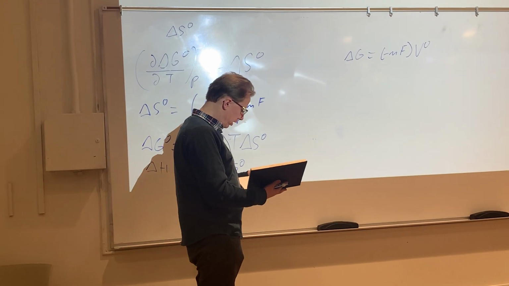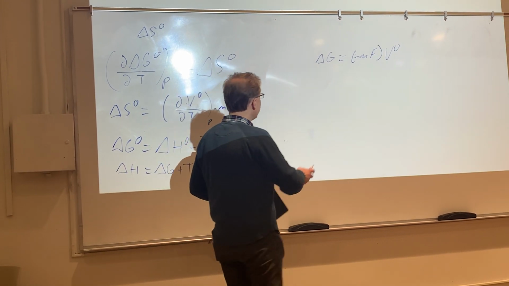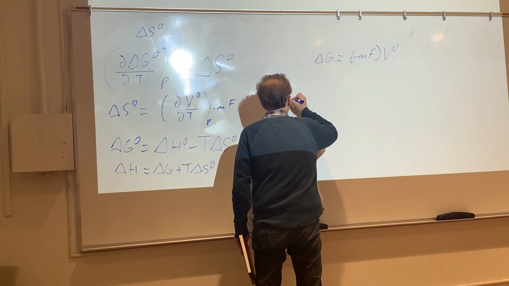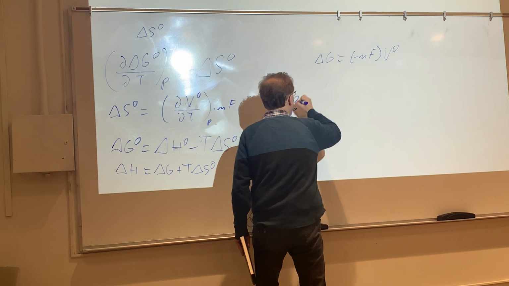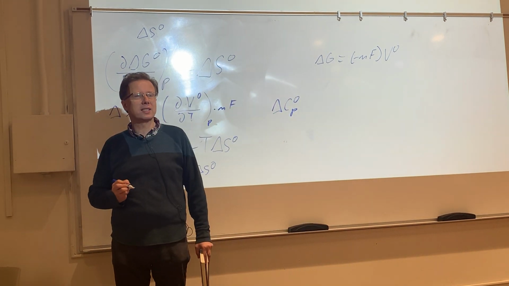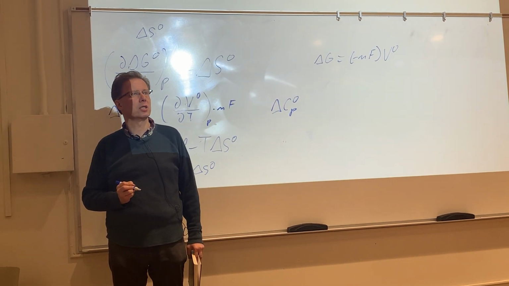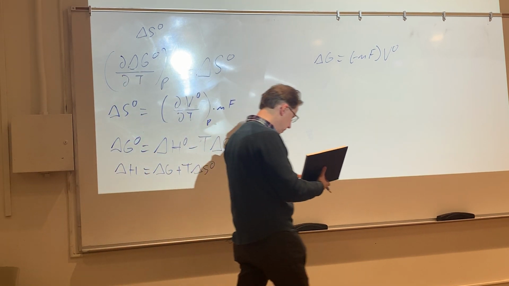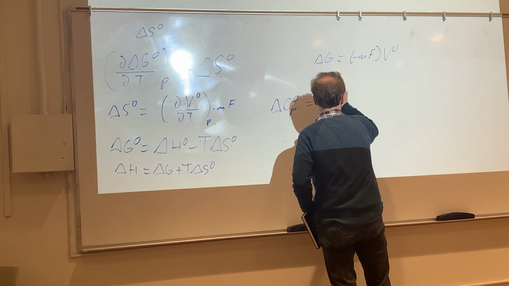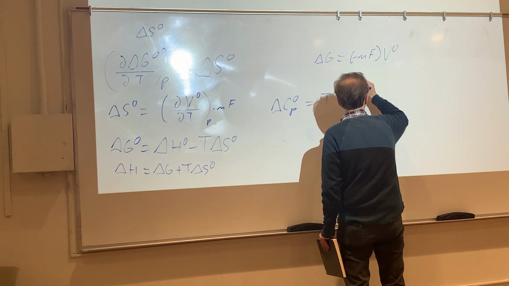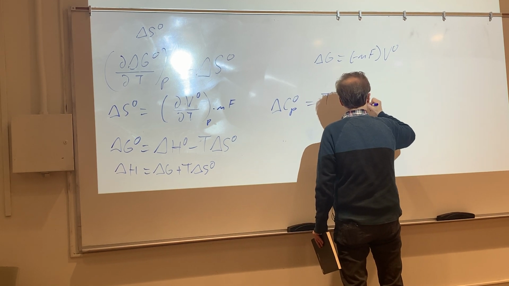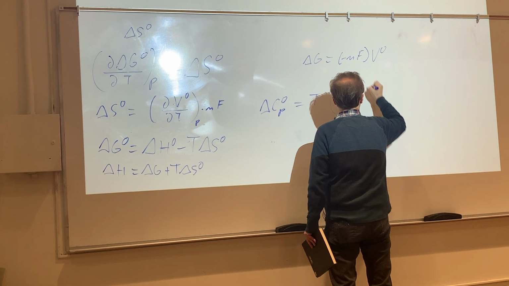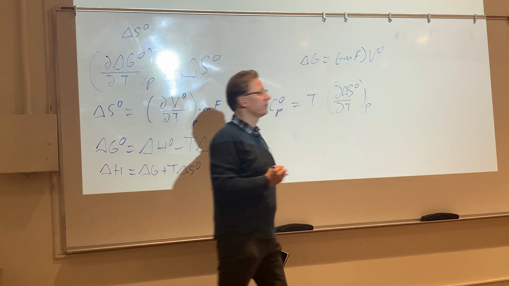Astonishingly, it goes on. Now, the next thing you might be interested in is the change in the heat capacity of your system as a function of that reaction. Heat capacity at constant pressure. And the heat capacity at constant pressure is, as you probably still remember, T times dS by dT at constant pressure.